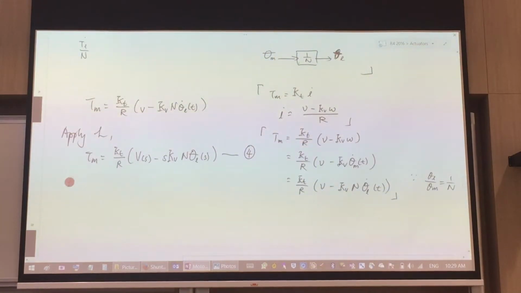There's one other thing. Also, we'll assume the torque seen by the motor due to load is negligible.